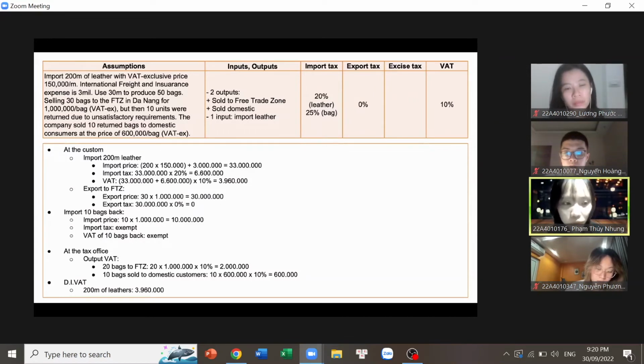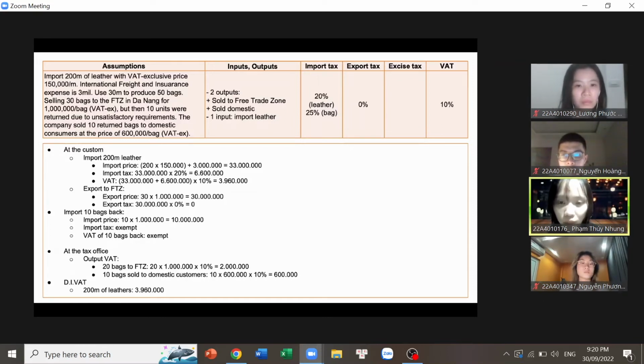The export tax rate is 0, so the export tax here is 0. We import 10 bags back. The import price is 10 million, but the import tax and VAT of the 10 bags back are exempt. At the tax office, output VAT for the 20 bags to the free trade zone is 2 million dong. The 10 bags sold to domestic customers is 600,000. For the deductible input VAT, 200 meters of leather is 3.96 million.